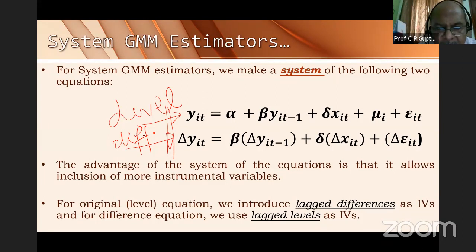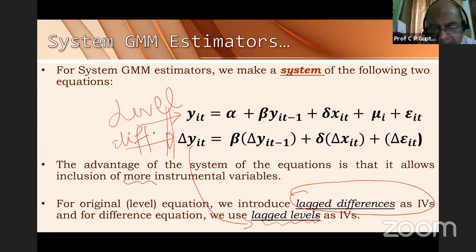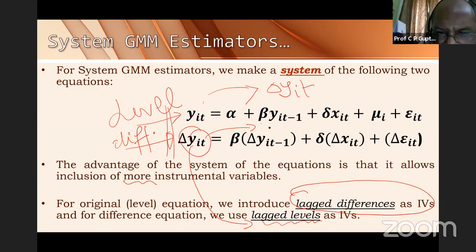The advantage of the system of equations is that it allows the inclusion of more instrumental variables. For the original level equation, we introduce lagged difference instrumental variables, and for the difference equation, we use lagged instruments. So for this, we use lagged instruments of delta y it, and for delta y it, we use lags of y it.